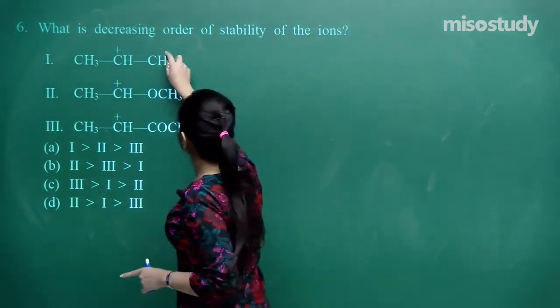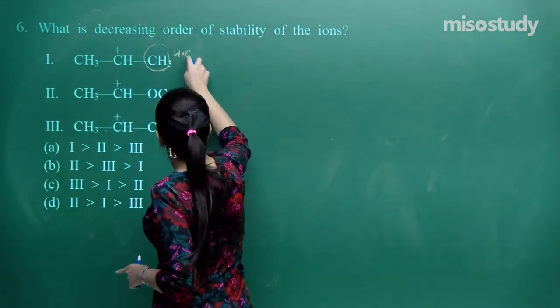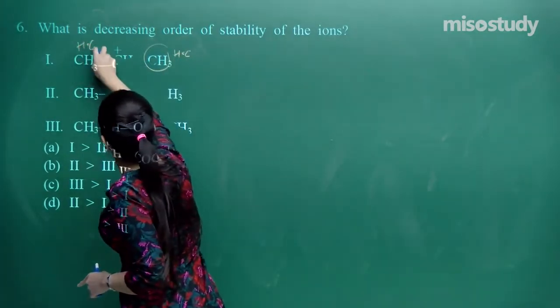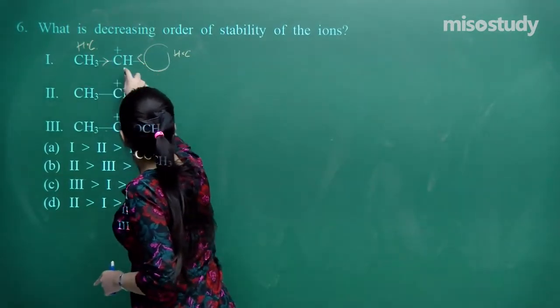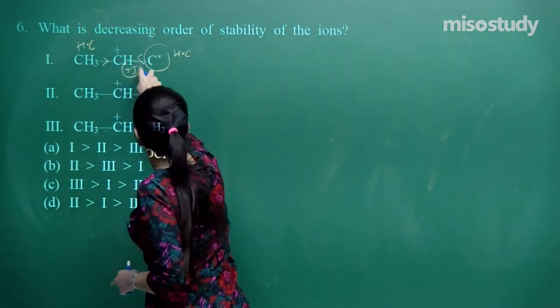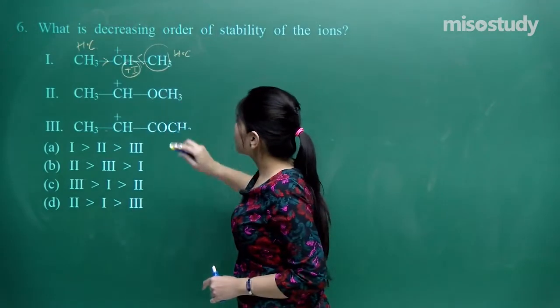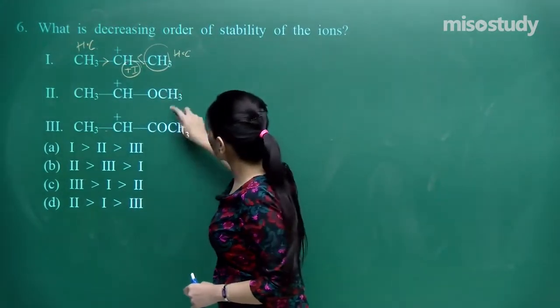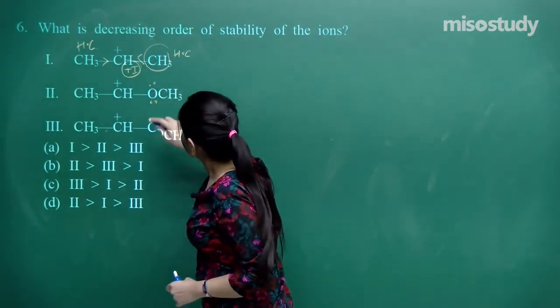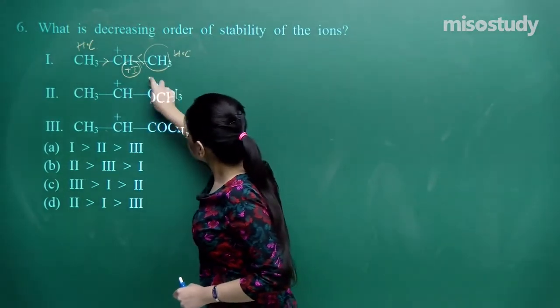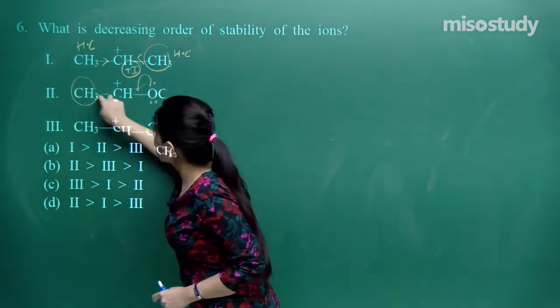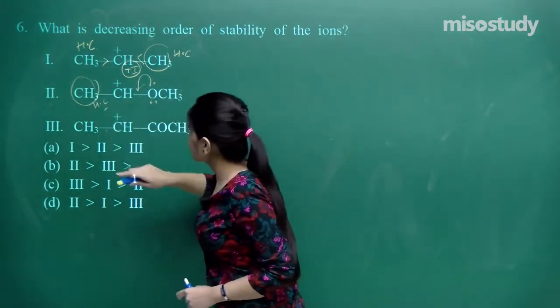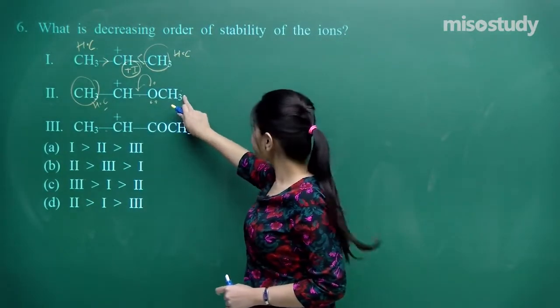plus I effect. So this has got hyperconjugation as well as the plus I effect. If you see over here, it has got what? Lone pairs, it can donate, as well as hyperconjugation, so very much stable.